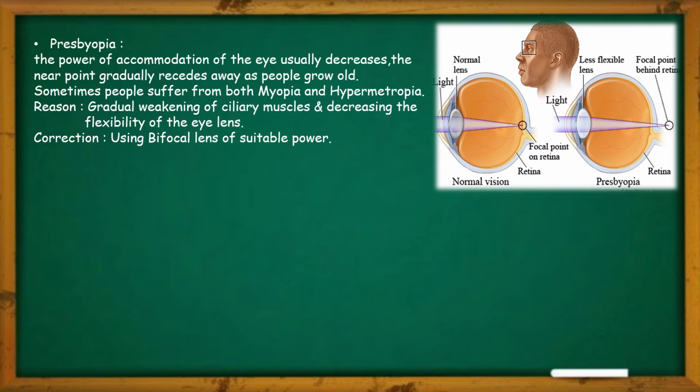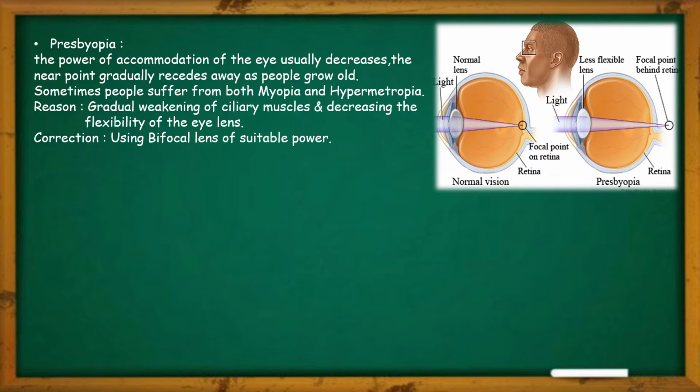This happens because their ciliary muscles are not very flexible, which means the flexibility of the eye decreases, for which their eye lens cannot auto adjust itself, and they face problems in visualizing objects. This kind of disease we call presbyopia. You also sometimes see persons who suffer from both myopia and hypermetropia.